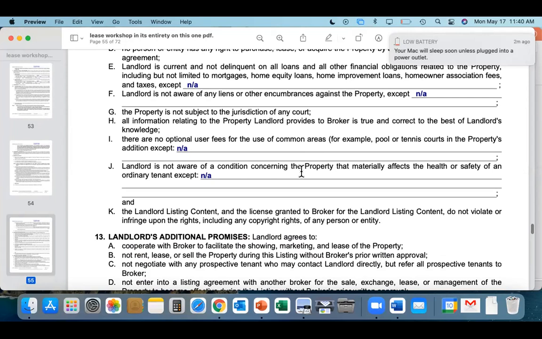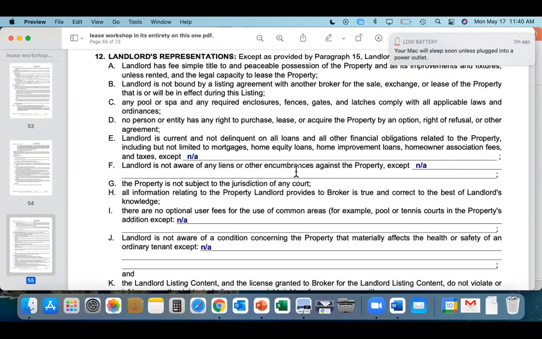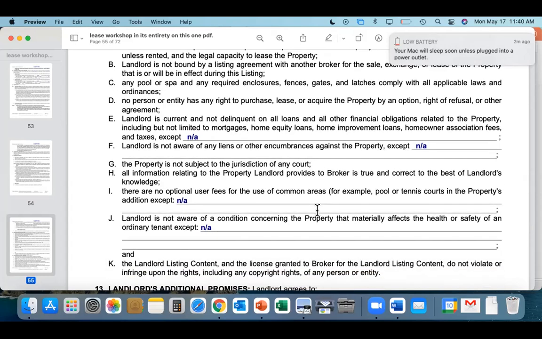So they provide proof of that? No, we're just asking them to disclose it on here, and we're hoping they fill this in appropriately. Can we ever really verify somebody's telling us the truth? It's sort of an honor system that they tell us they're not in foreclosure. If you suspect something's odd, have a conversation with them.